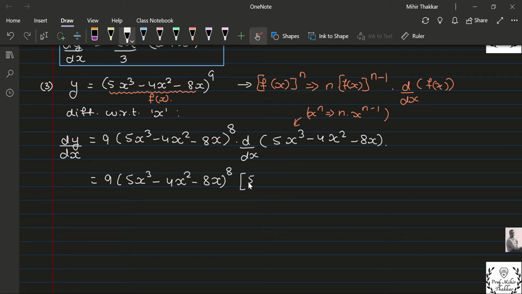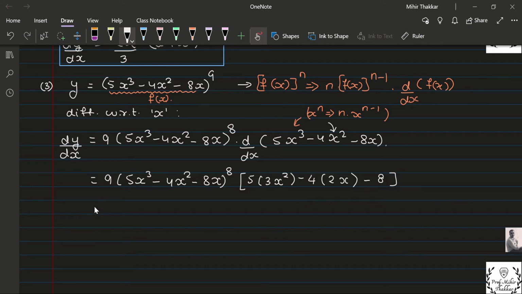So I get 5 multiplied by 3 x to the power 3 minus 1, which is 2. For the second term also we will use the same formula, x raised to n. So it will be minus 4 into 2 into x to the power 2 minus 1, which is 2x. And the last term is minus 8x. Derivative of x is 1. So I get 8 into 1 is just 8.